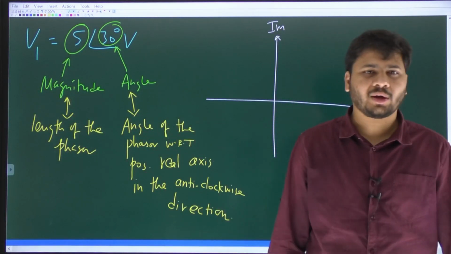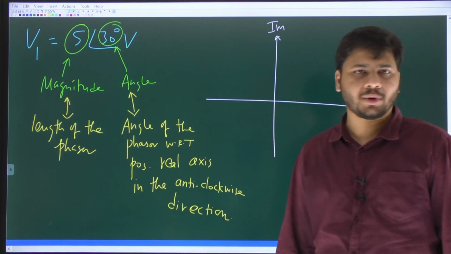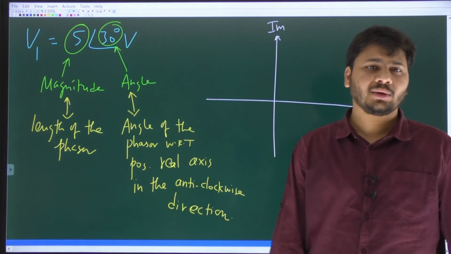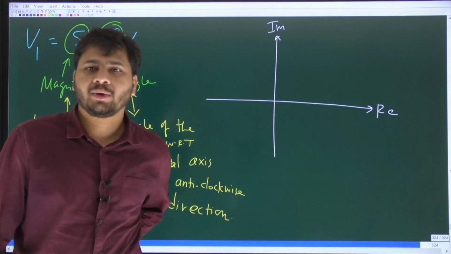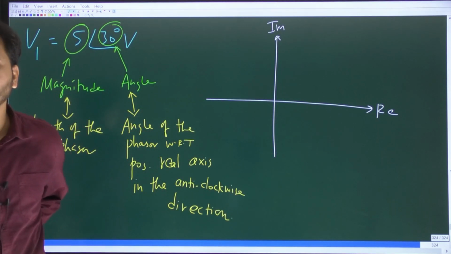So a couple of simple but important points. Every phasor can be shown as a vector. Every phasor can be shown as what? A vector on the complex plane.